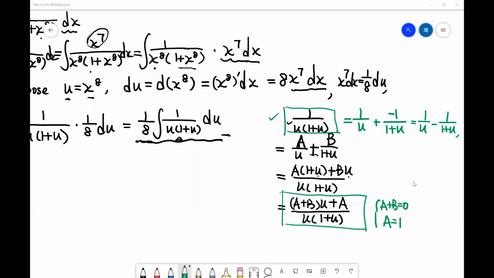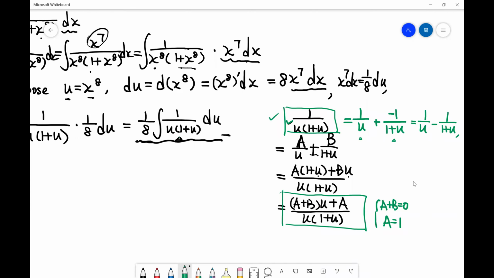Okay. So here, the integral that is 1 by u times 1 plus u, right? But we don't have a formula we can use directly to solve it. So here, we want to separate this integral into two parts, because if we can separate it, for this part we have a formula, and for this part we have another formula. So we can use the formulas.